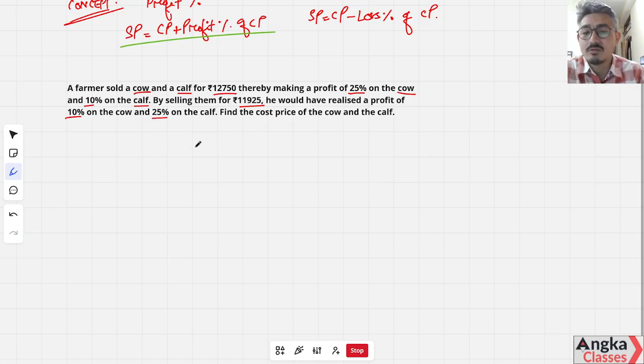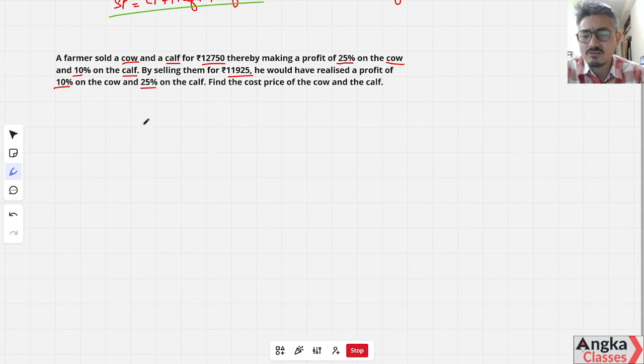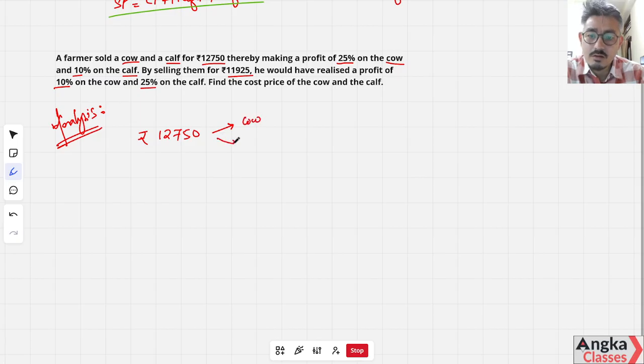Okay, so let's call this the first transaction. Let us analyze the question first to understand it well, and then we will solve. The total of cow and calf is 12,750. We'll call this the selling price.